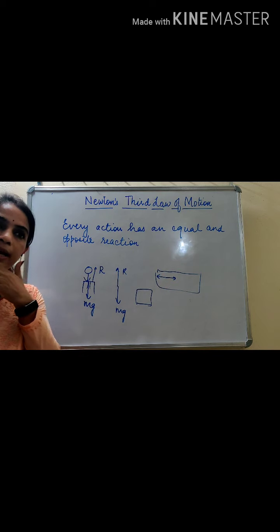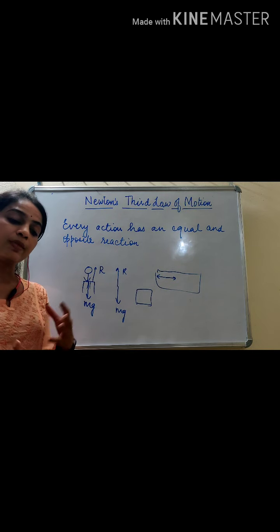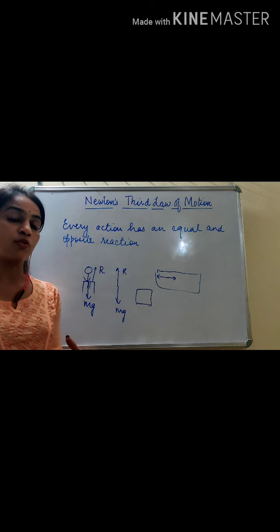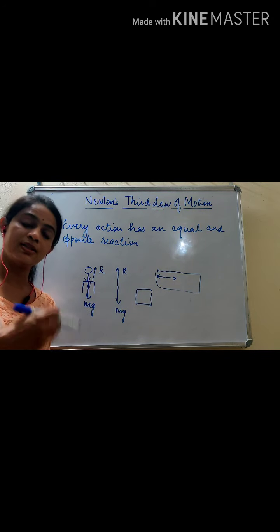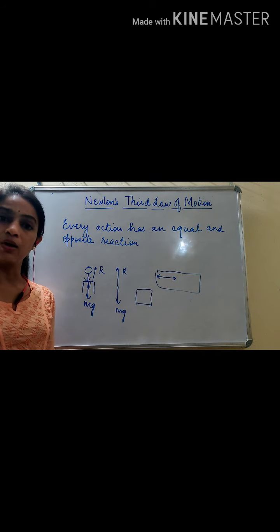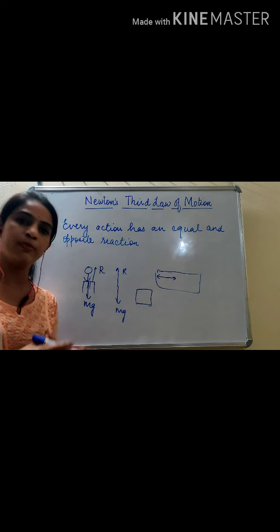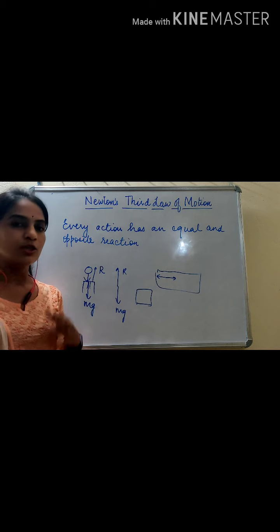Now the next question comes: if the forces of the ball and the earth are equal and opposite, so the earth is able to bounce the ball back, why isn't the ball able to move the earth? Okay, so let's see that.